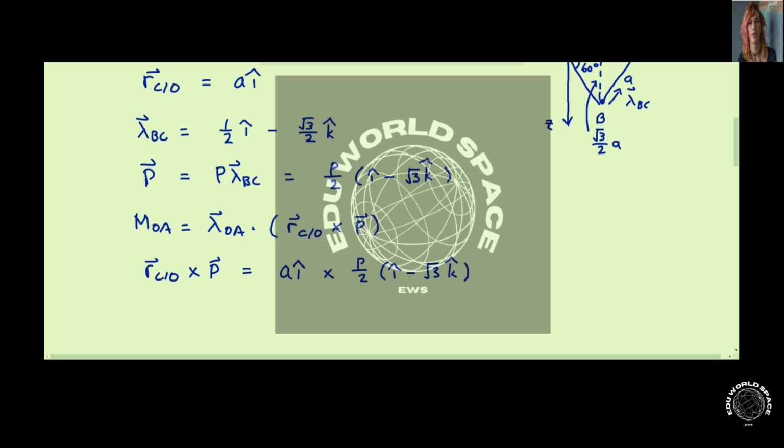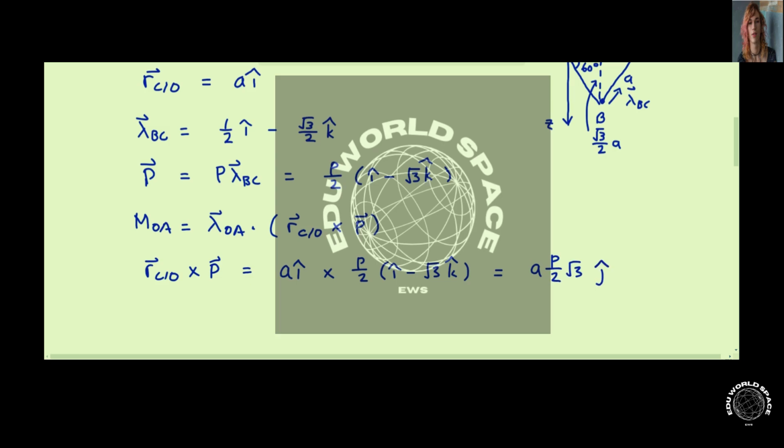When you do the cross product, I cross I gives 0, so you only look at I cross K. I cross minus K gives J. So you have A P over 2 times root 3 J hat.